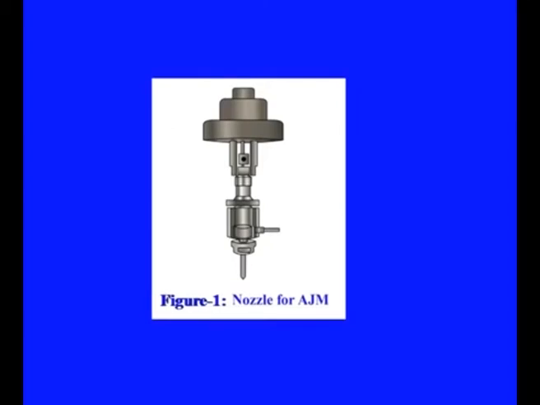A typical nozzle used in the AJM abrasive jet machining setup is shown in this figure. So, this is the nozzle used for the AJM process. Now, let us look into the process parameters in this abrasive jet machining process.